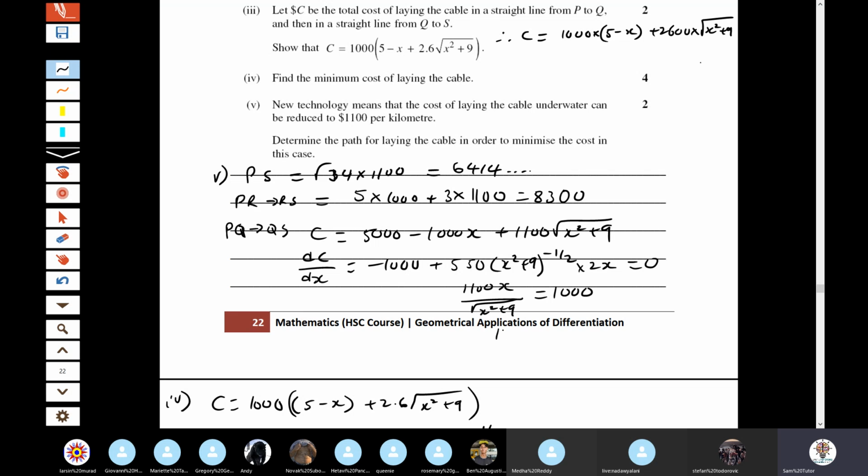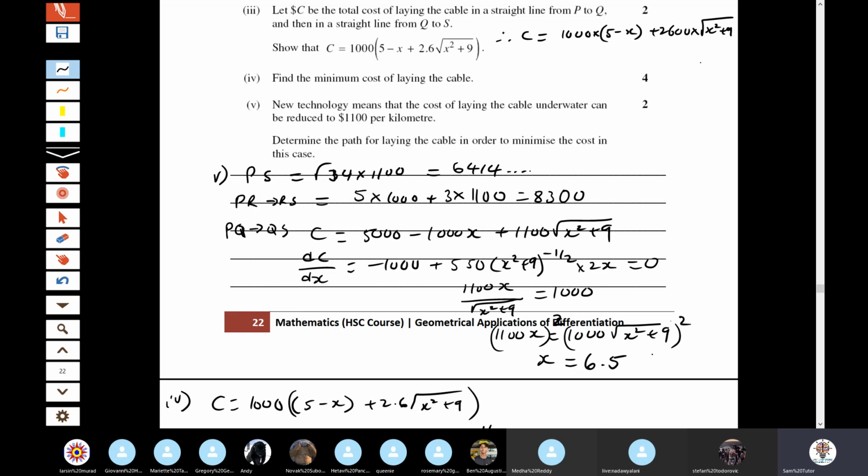Bring it over. Square it. And what will happen is you're going to get x is 6.5.